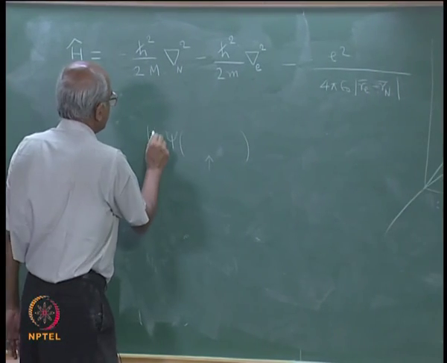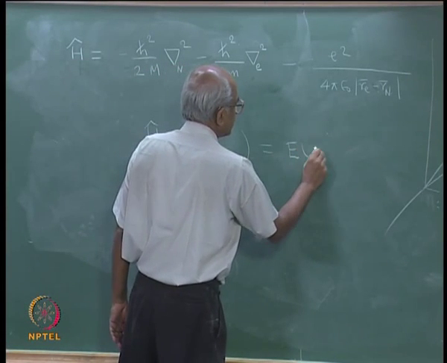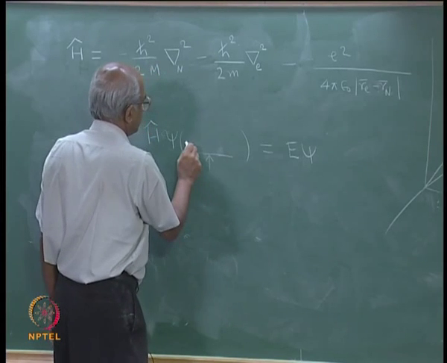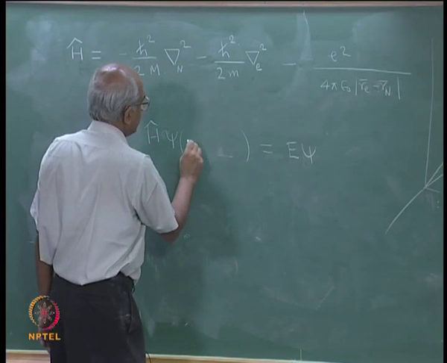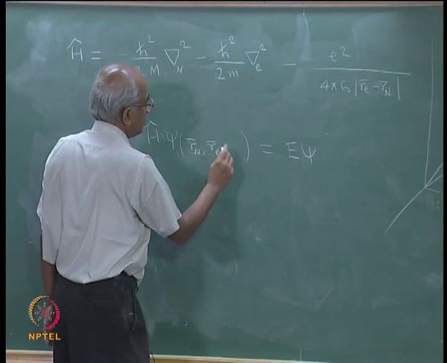So, I want to solve the equation H psi is equal to E psi, and here you have 6 variables which I may denote as R n and R e.